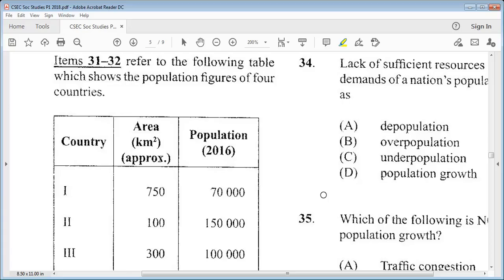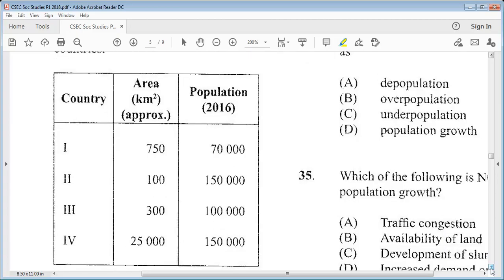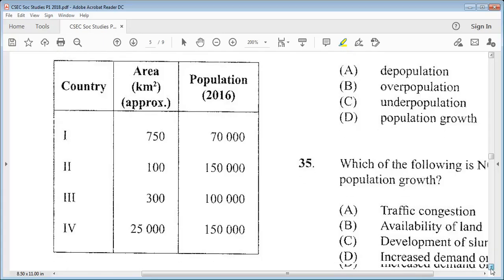Country 2 has 100 square kilometers and 150,000 population. Country 3 has 300 square kilometers and a population of 100,000, and country 4 has 25,000 square kilometers and 150,000 population.